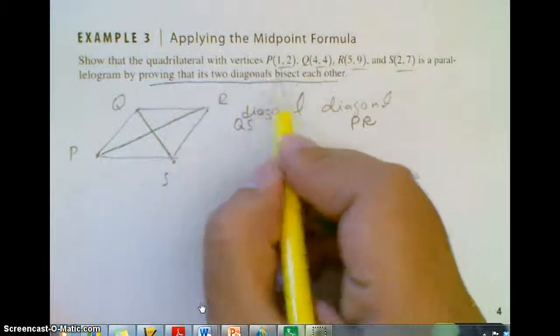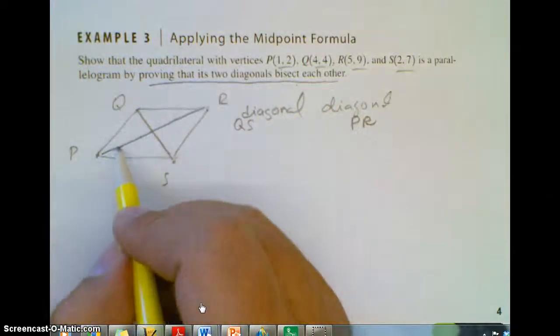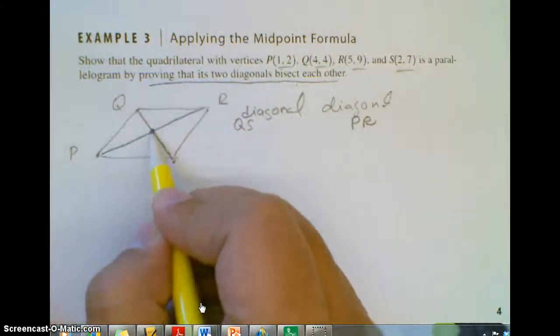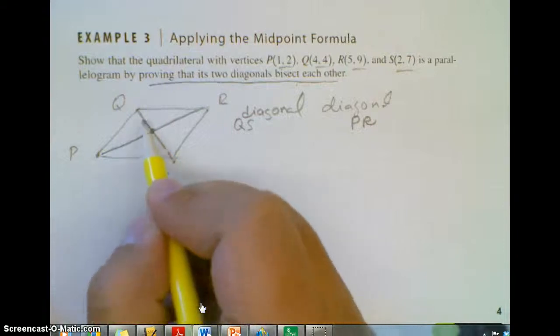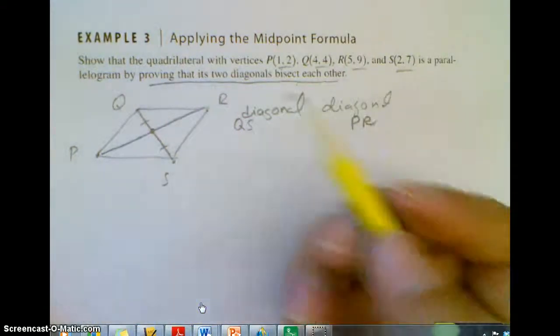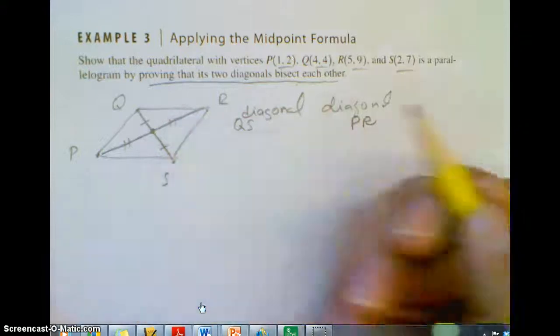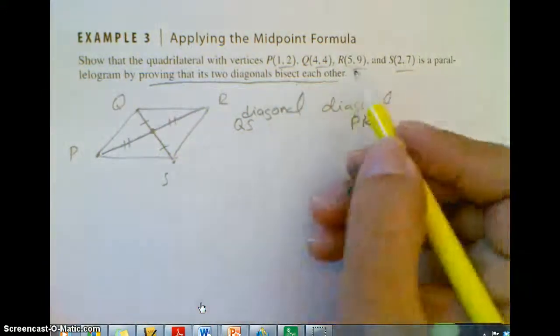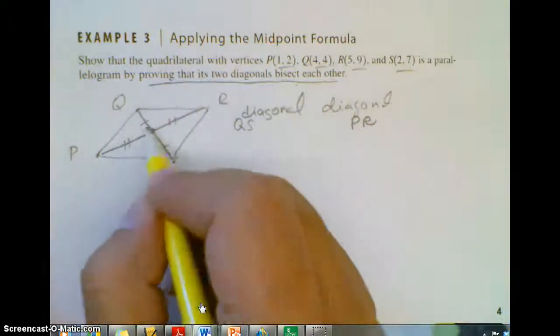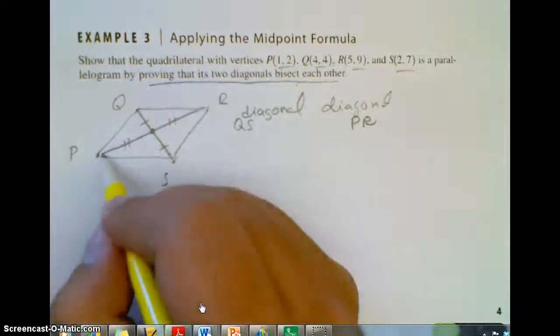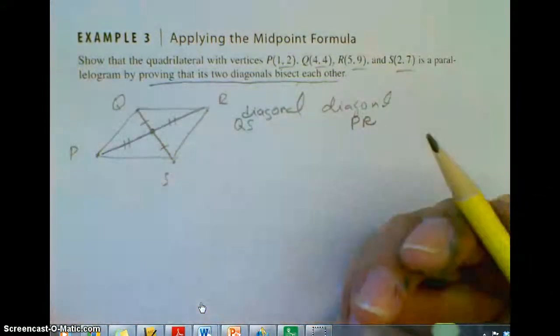So when it says bisect each other, that means that where they meet, this point actually splits in half Q and S, and it splits in half P and R at the same time. So bisect each other. It's like double bisecting. Like this point is half of QS and this point is half of PR.